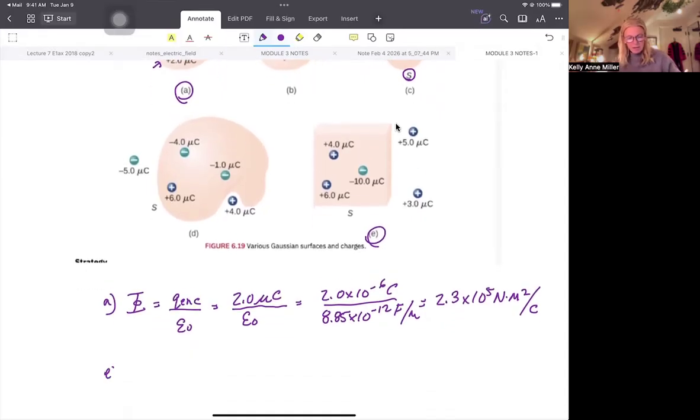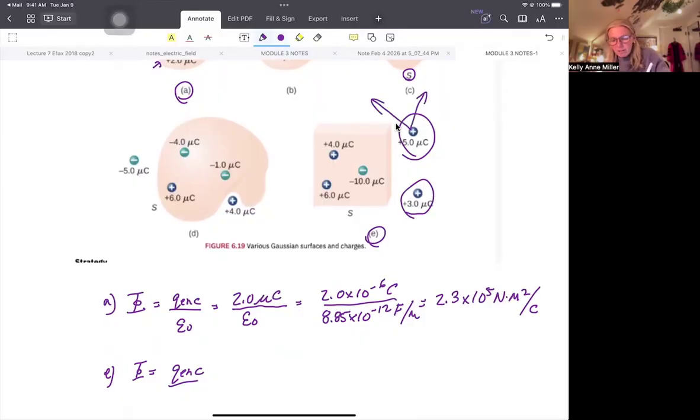E, same deal. I count up all of the charges inside, so these outside charges don't matter, because any outside charge doesn't contribute to the flux.